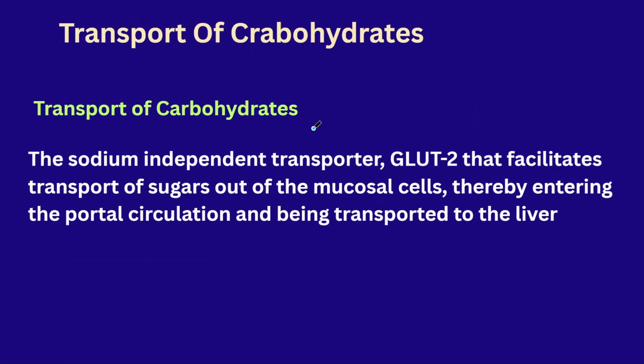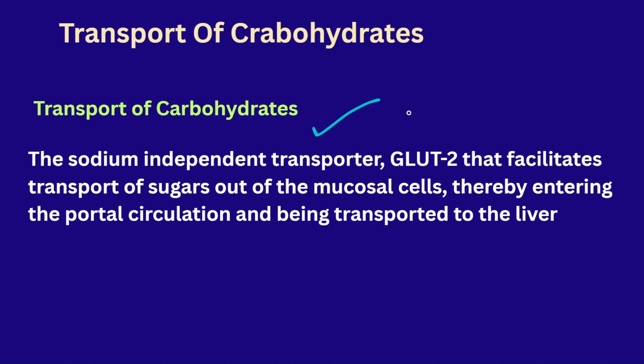The transportation of carbohydrates. As I said, the glucose is entered into the blood. From the blood the glucose will reach the liver. The glucose will reach all over our body.